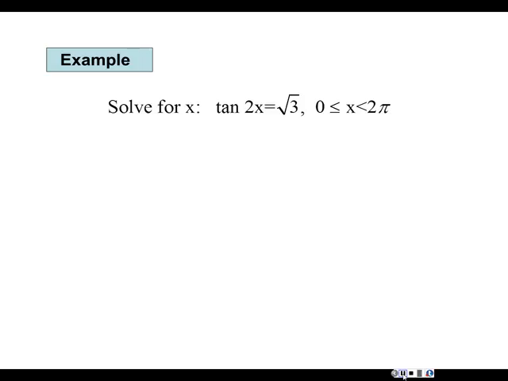And just remember, when you make it generic, you will always add n pi in case of tangent. But in case of sine and cosine, you will add 2n pi because their periods are 2 pi. To make it generic, we are just saying that after 360 degrees, this value will be here again. Okay. Any question here?